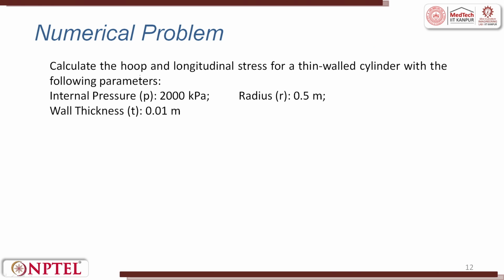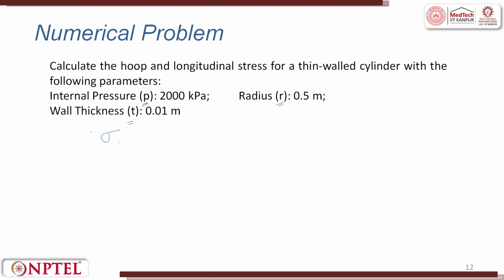Calculate the hoop and the longitudinal stress for a thin wall cylinder with the following parameters, where the pressure P is 200 kilopascals, radius is 0.5 meters and the wall thickness is 0.01 meters. So, how do you calculate the hoop stress?